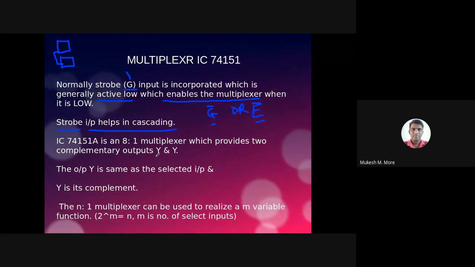It provides two complementary outputs, Y and Y bar. Output Y is the same as the selected input. As you know, we are just selecting the data, not changing it, right? So output Y is the same as the selected input.